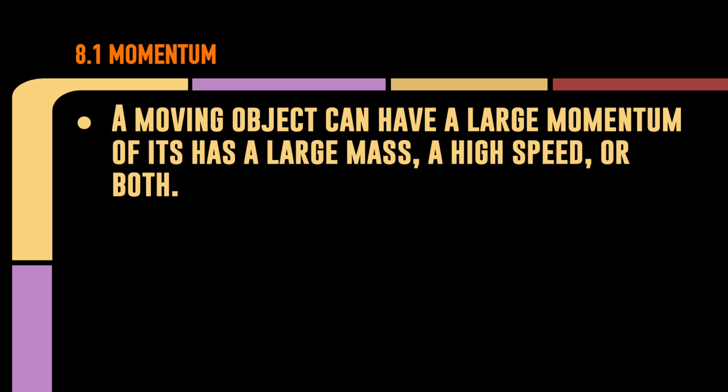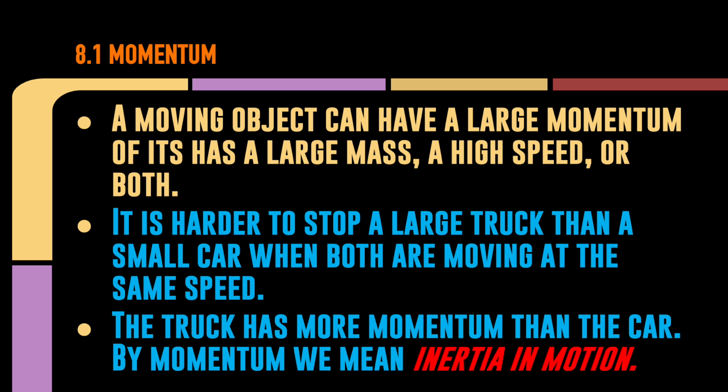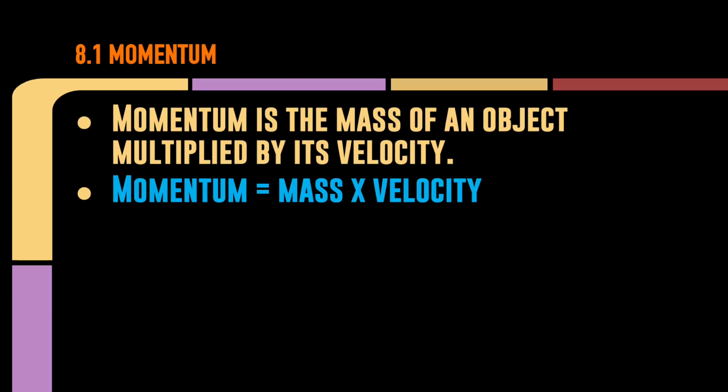A moving object can have a large momentum if it has large mass, high speed, or both. So we know it's harder to stop a large truck than a small car if they're moving at the same speed. And we know that the truck has more momentum than the car, and by momentum we mean inertia in motion. Remember, inertia was mostly based on the mass of the object.